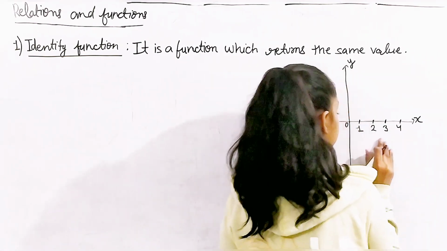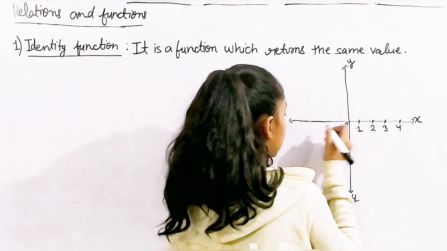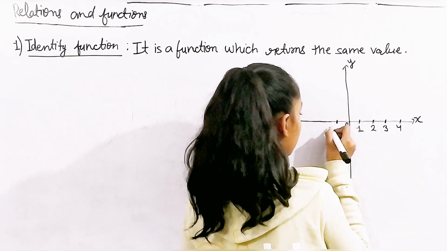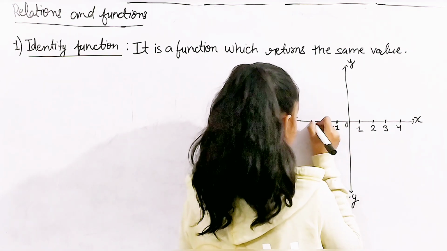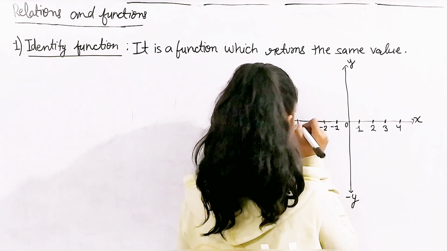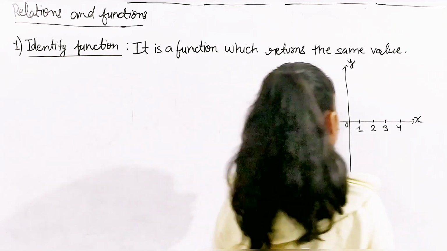Now let's take the negatives: negative 1, negative 2, negative 3, negative 4.